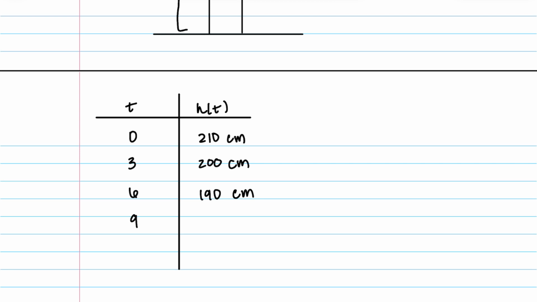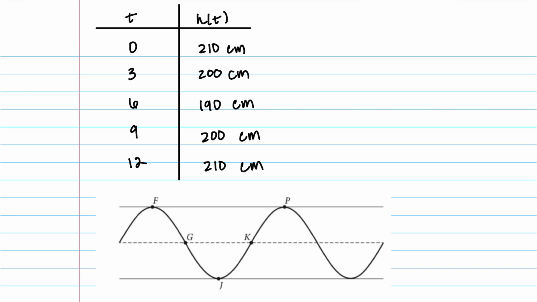At time is equal to 9, we are 200 centimeters. And at time is equal to 12, we are 210 centimeters. By coming up with this coordinate system, we can refer back to the beginning, when we were given that picture showing points F, G, J, K, and P, and fill in the corresponding coordinate points.